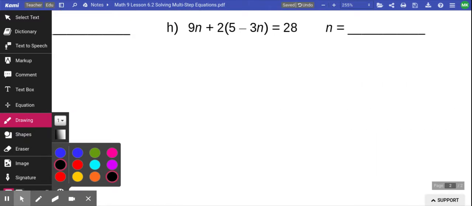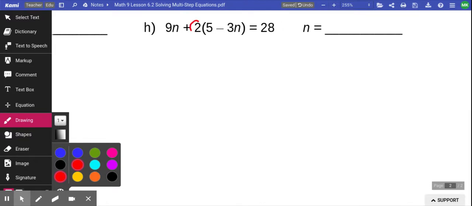Wonderful. If we look at H, first thing I notice about H is that there's brackets. I want to get rid of those brackets by multiplying the 2 into the brackets. The 9n out front is still out front, right? Nothing changed with that. When I multiply the 2 in, plus 2 times 5 becomes plus 10. Then I multiply the 2 in, plus 2 times negative 3 becomes negative 6n.